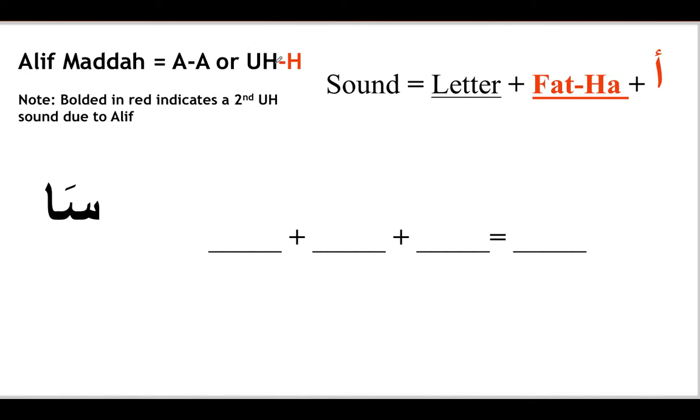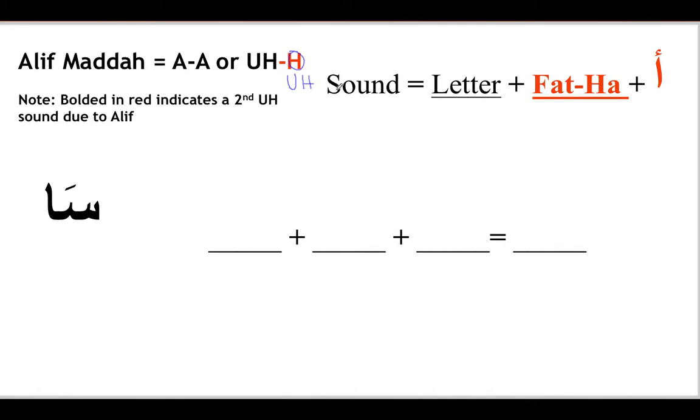So it makes an extended sound. The bolded red is just a note here. This letter H actually indicates a second uh. So you're saying uh two times, connecting both of them together to indicate a stretch in vowels. That's why it's a madda.